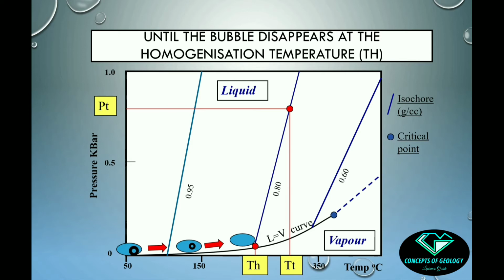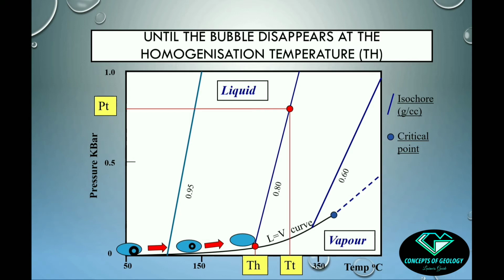But remember, here we are doing the experiment in the normal air pressure condition and which is significantly negligible with respect to the original pressure in which the fluid was trapped. Now if I can increase the pressure to create the realistic situation, then the inclusion will need more heat to be homogenized.